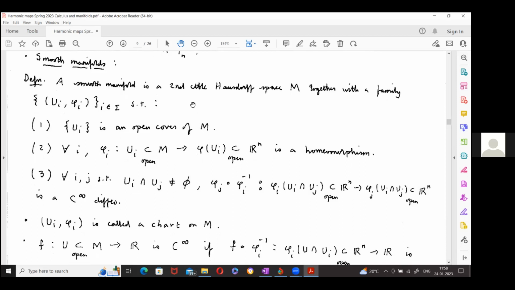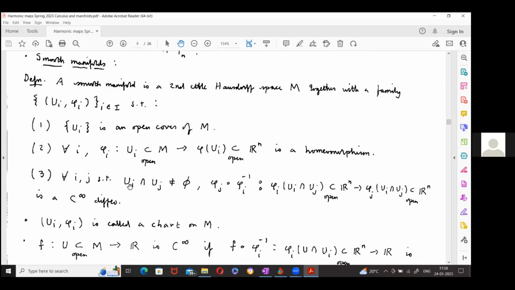You have a second countable Hausdorff space together with a family of pairs (U_i, phi_i), where the U_i's are an open cover of M and the phi_i's are homeomorphisms from the open subsets U_i to open subsets of R^n.